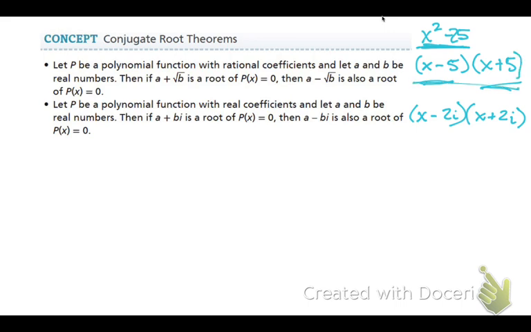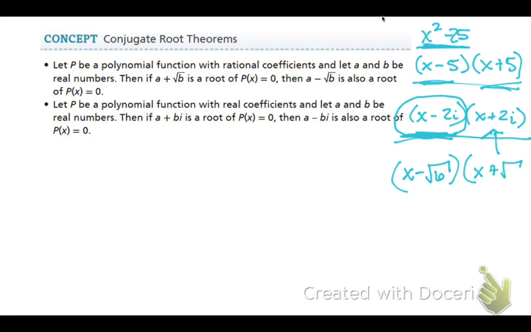If all I do is write down this one, what do you also know? That one. I don't even have to write it down. You should also know it's there. If you get x minus the square root of 6, what also has to be there? x plus the square root of 6.